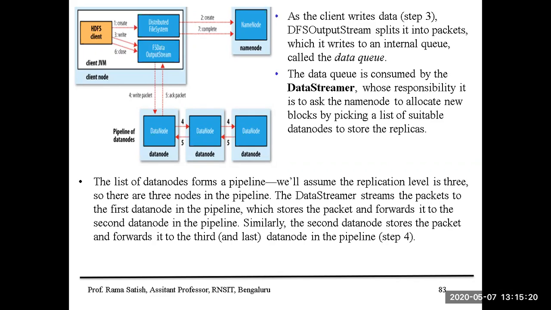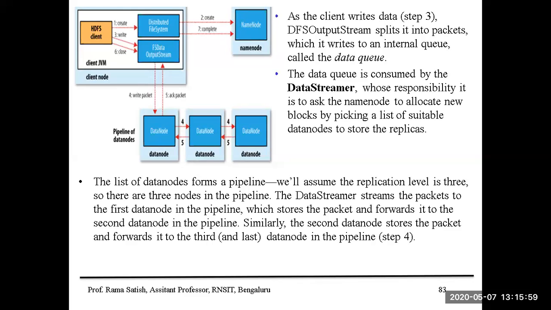So the data is stored at different places, on different racks and different geographical locations, based on the IP addresses. Your data streamer will get 3 IP addresses, which are the IP addresses of various data nodes. Based on these IP addresses, the data blocks are stored.